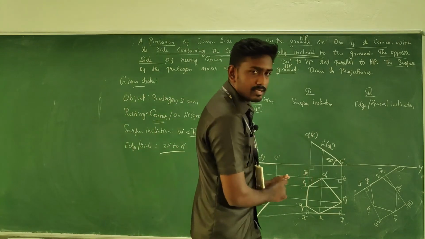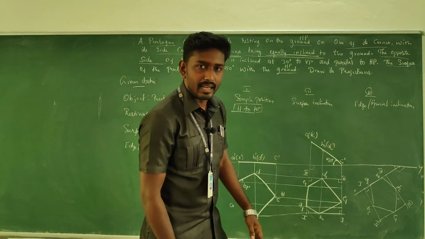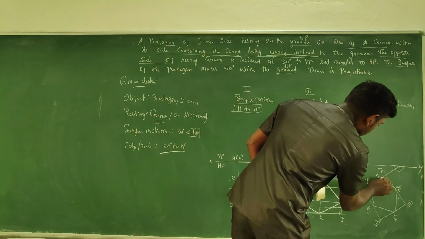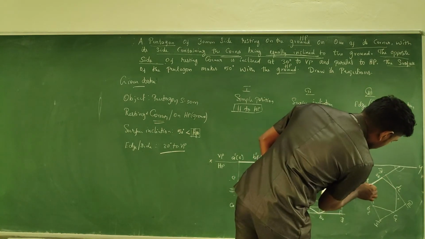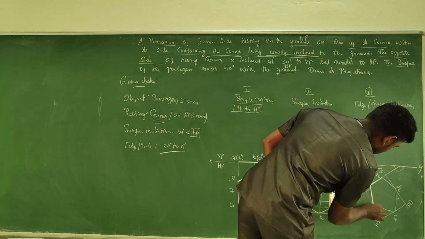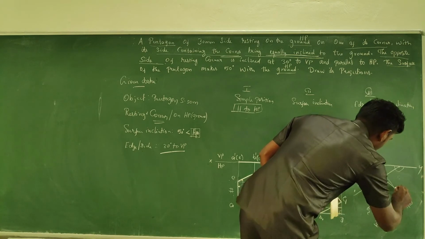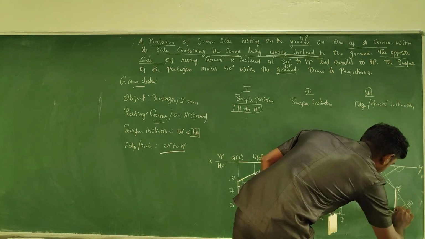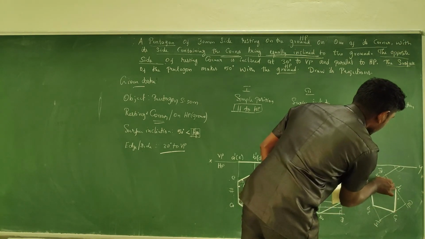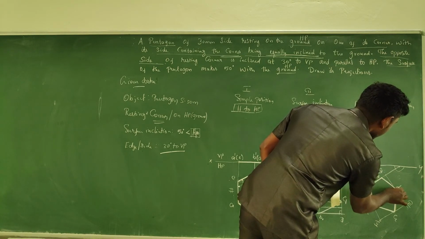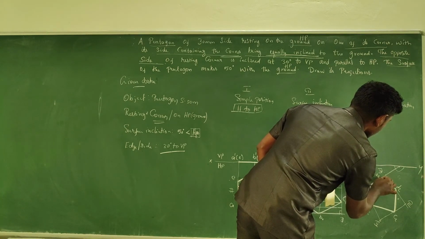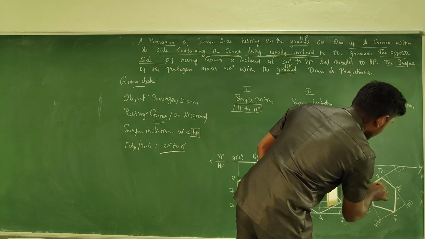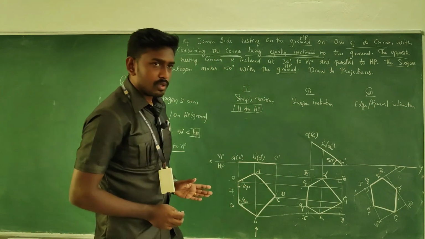The same size will be on the inclined line. Okay, so I have the dark line. When you draw with the measurements, you will get the same size and shape. Here I have done it in an approximate manner, so somewhat of a difference will be seen in the size and shapes, right?